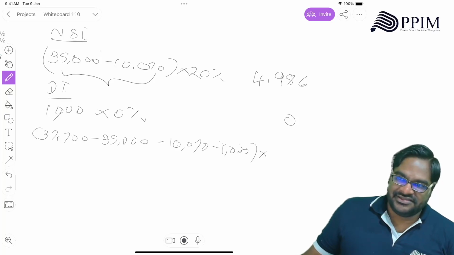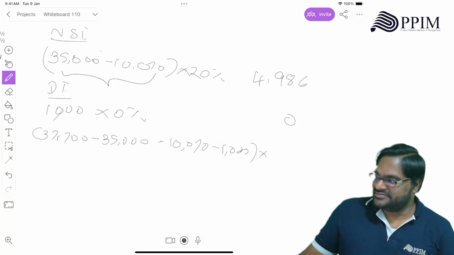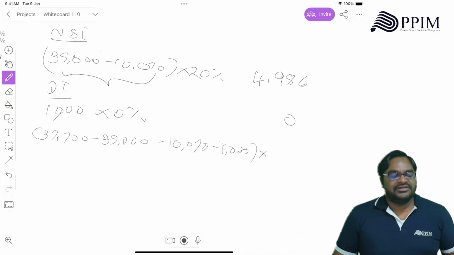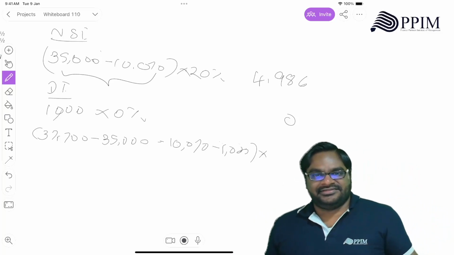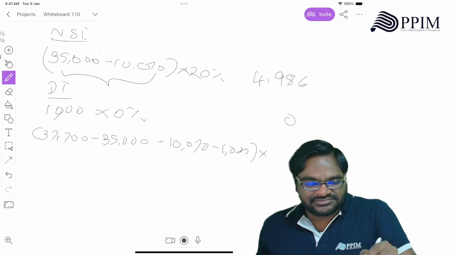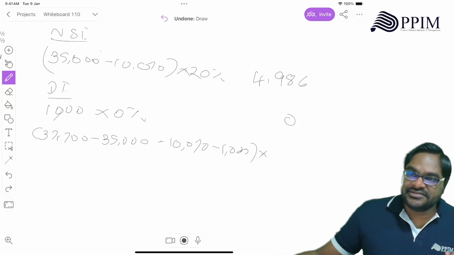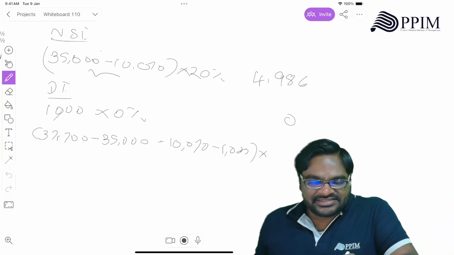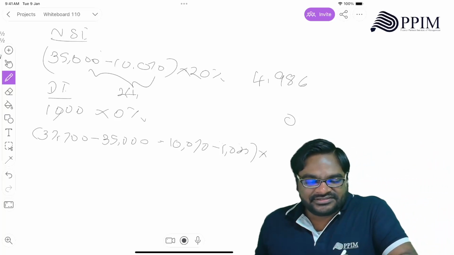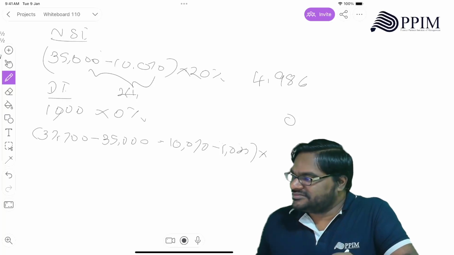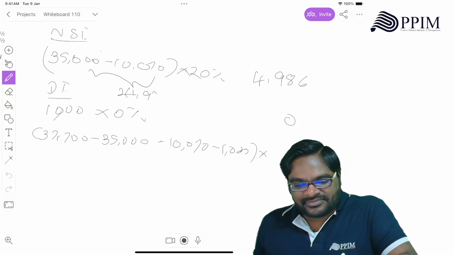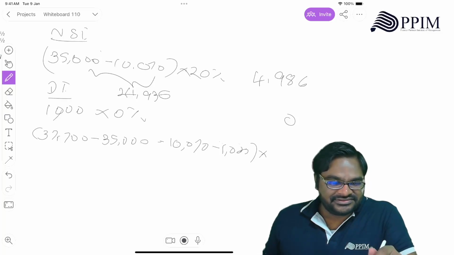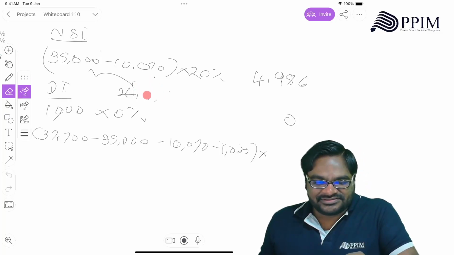Dividend is 70. Is it like 37,700 minus 24,930 minus 1,000? Exactly. Same thing. I just took it out separately, but what you can do is, like he said, get the gap here, 24,930. You can just deduct this figure as well. Are we good?